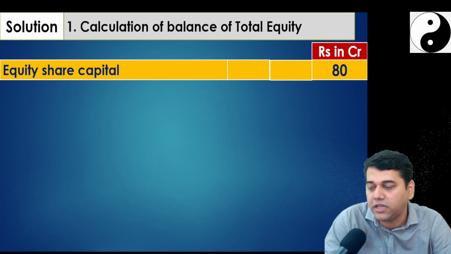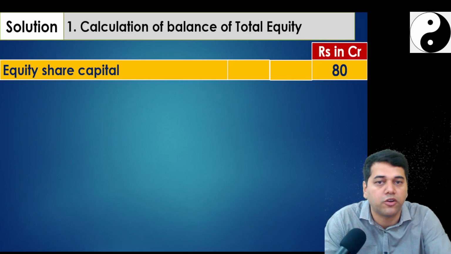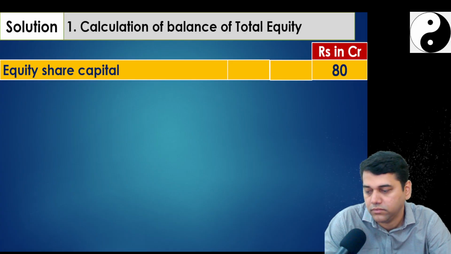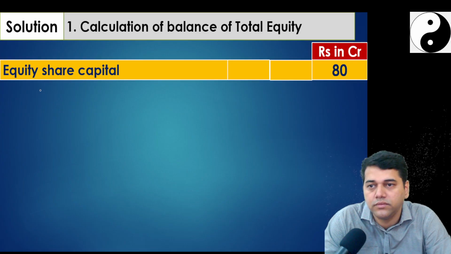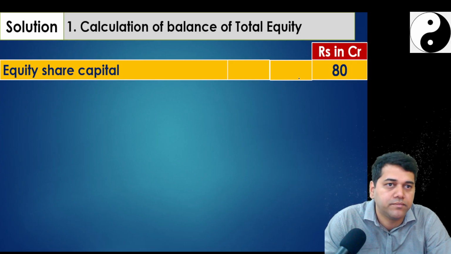For this I start with the equity capital. How much? 80. You can draw 3 columns. Equity share capital is 80.